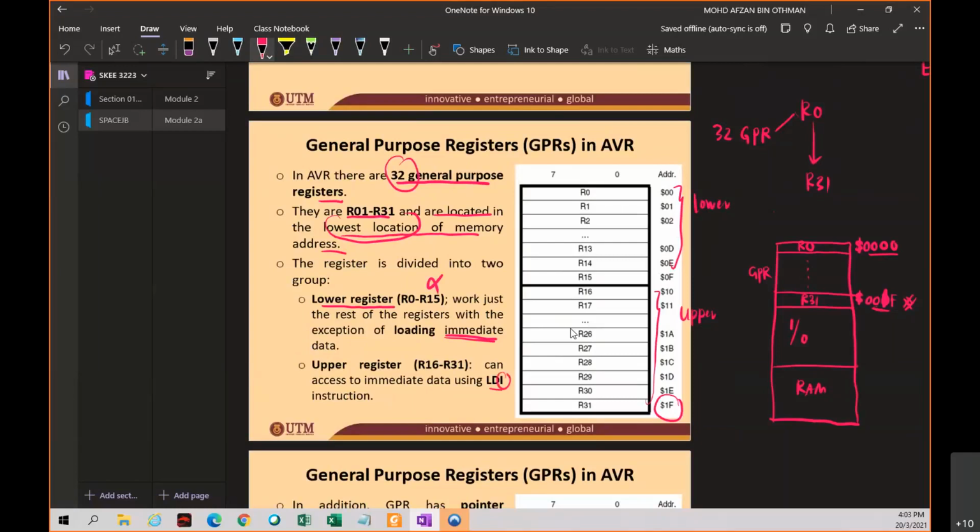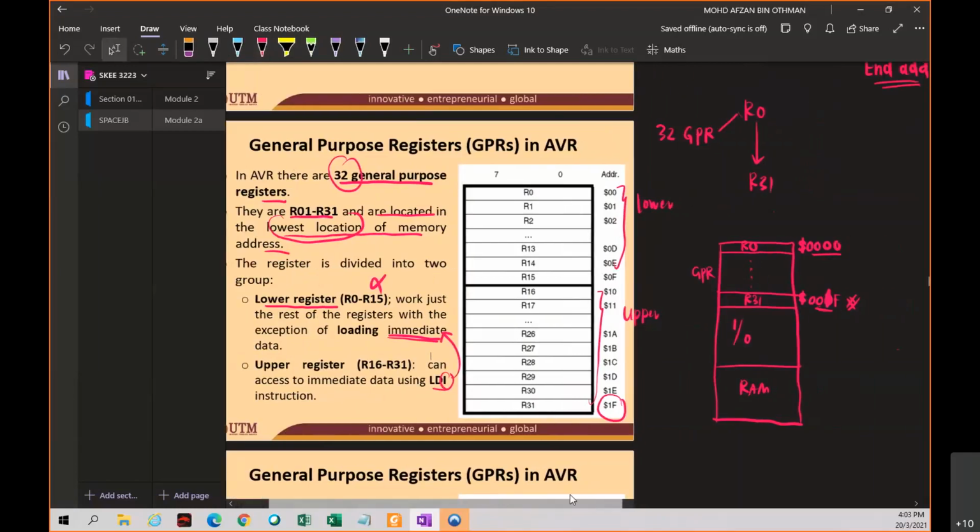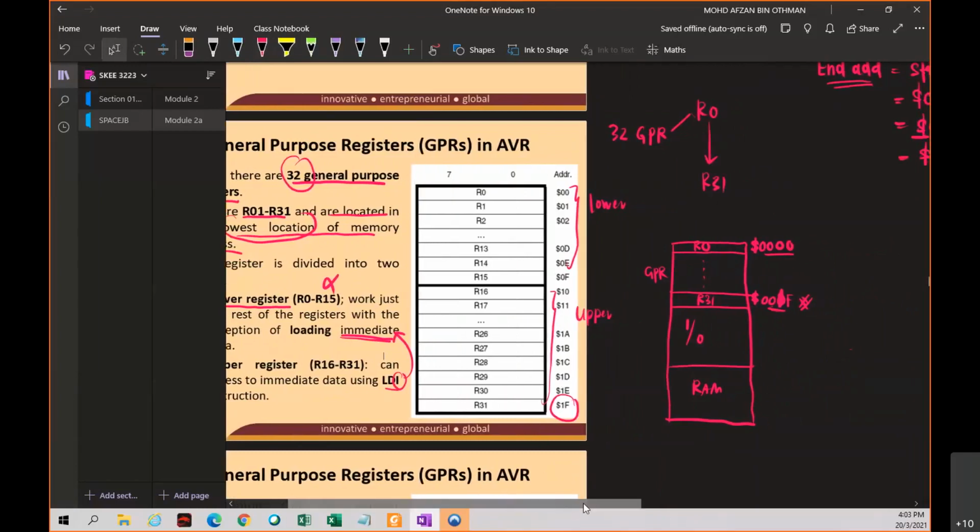Okay, so I kat belakang ni lah immediate data. Macam mana kita nak kenal sama ada instruction that involves immediate data ataupun tak? Contoh LDI. Kalau kamu tengok sini, dua-dua instruction ni have the same function, di mana satu nak load with the immediate value and satu without immediate value.